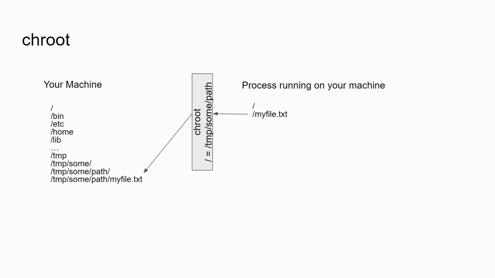If that process tries to access /myfile.txt, it's actually going to access /temp some path myfile.txt. But the process won't know that's what's happening. As far as it knows, / is still the root, and it has no idea that it's been chrooted.